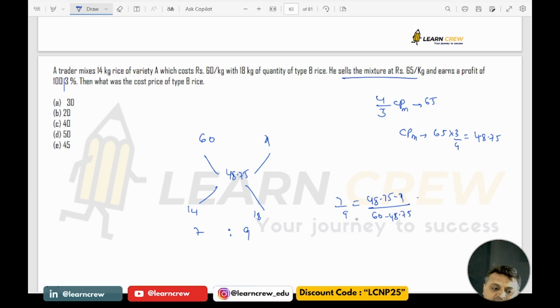If you apply alligation rule, what you are going to get here? 9 into 48.75 minus x, so you are going to get 9x is equal to 360. So I am going to get x is equal to 40. So answer would be x is 40 here.